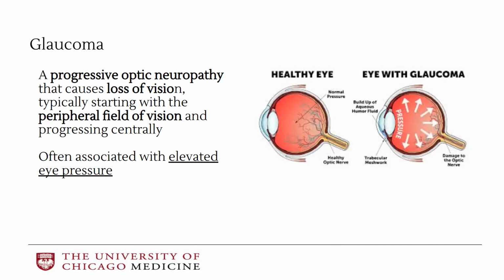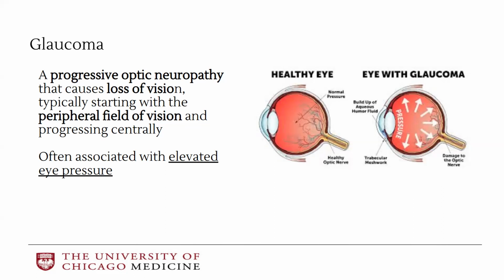Basically, it's where nerves are not working like they should. That's neuropathy. And it's progressive because it gets worse over time. Usually it's a very slow process. It takes many, many years. So that's why we say glaucoma is a progressive optic neuropathy. And it leads to loss of vision.